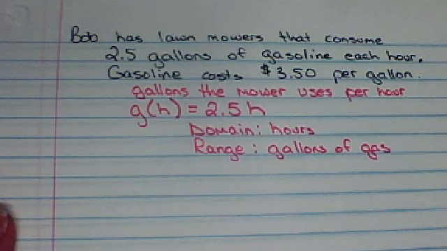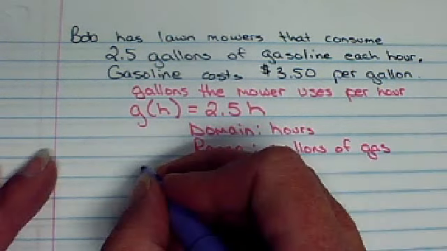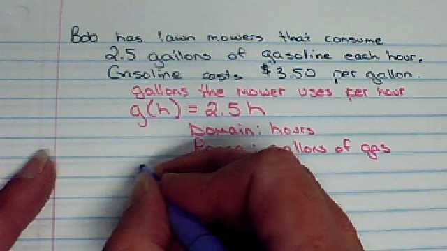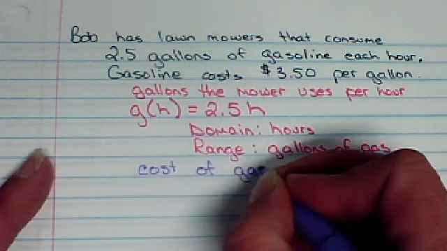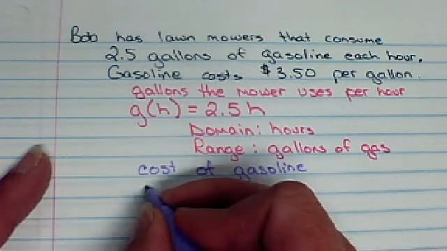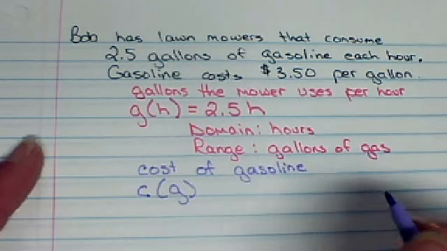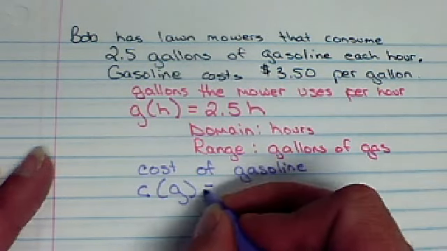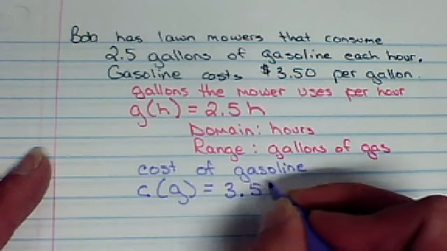Now let's make a function that talks about the cost of the gasoline. So the next one is the cost of the gasoline. And I'm going to be creative and call that C of G, because it depends on how much gasoline you buy. And that's going to be 3.5.